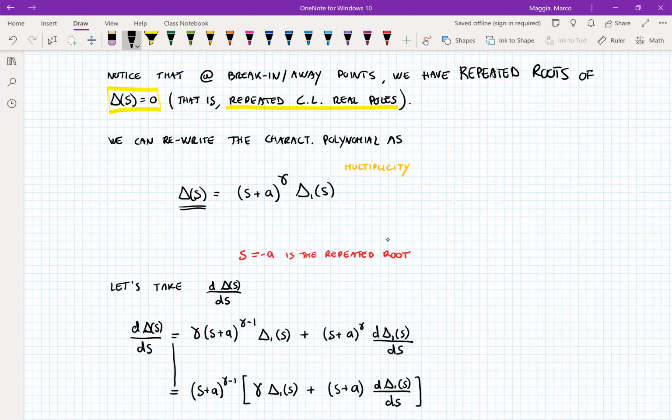And this means that we can factorize delta(s) into a lower order polynomial delta 1 of s, and then (s plus a) to the power of gamma means that s equals minus a is a repeated root with multiplicity equal to gamma. And gamma is greater than 1. So it can be 2, 3, so on and so forth.